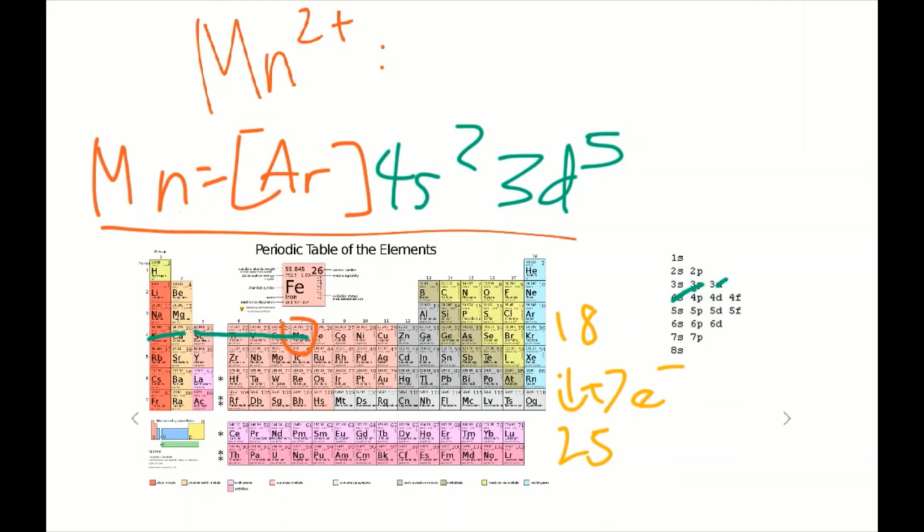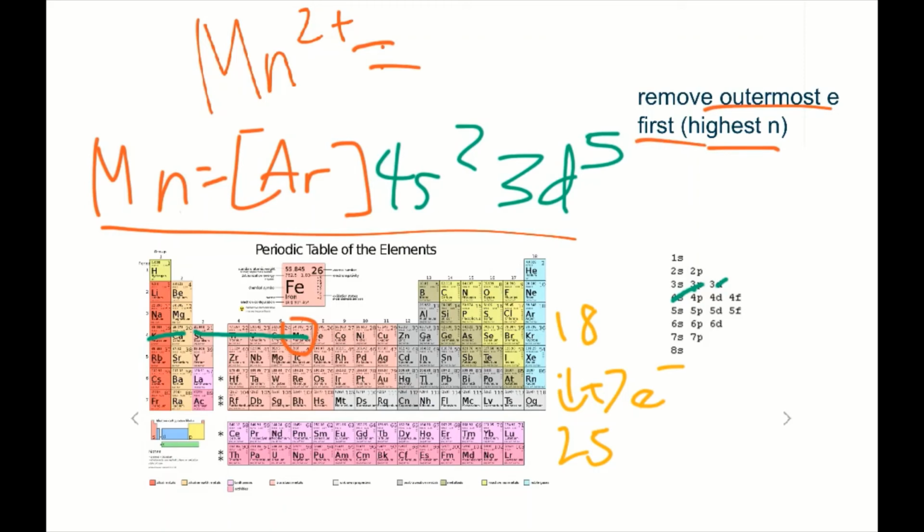Now, manganese 2+ is when manganese loses 2 electrons. So which electrons is it going to lose? Well, remember, it wants to lose the outermost electrons first. I don't think I mentioned this, but you have to remove the highest n first, or the electrons that are furthest from the nucleus. So basically the outermost electrons.